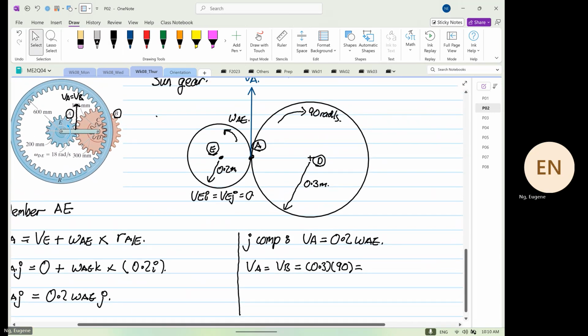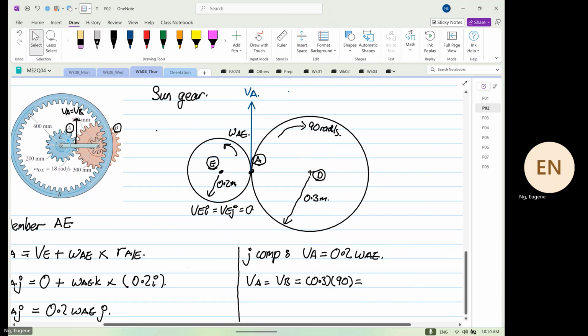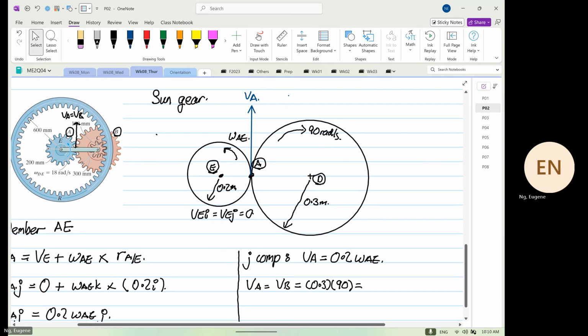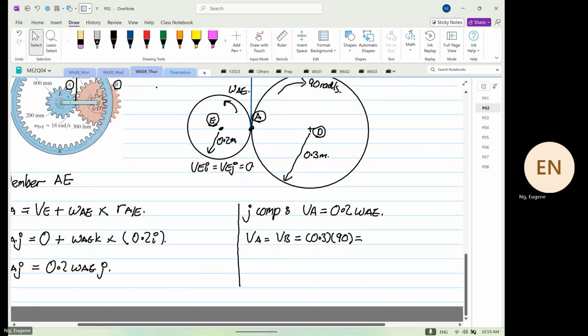Wait, my eyes are failing me again. Yeah, it's 0.3. So 0.3 times 90 is equal to 27.